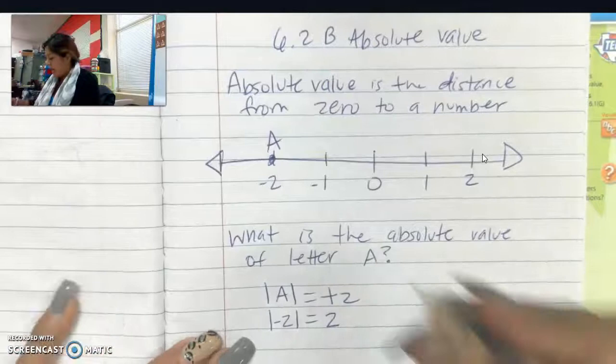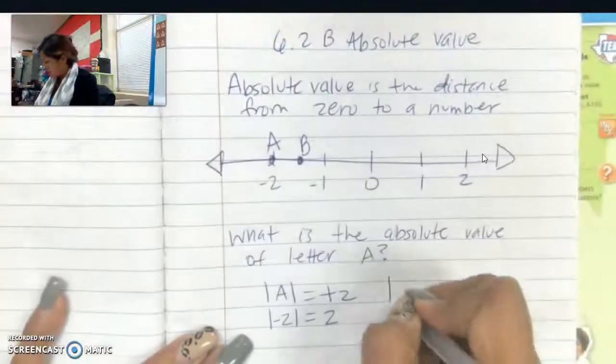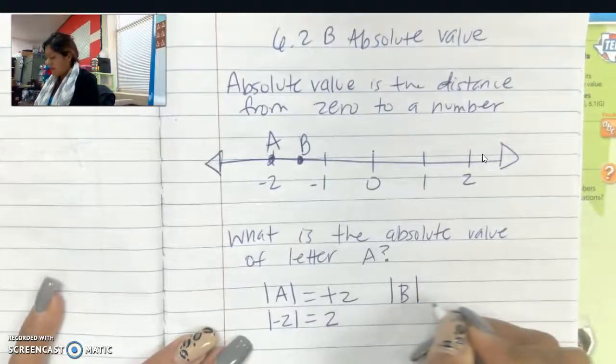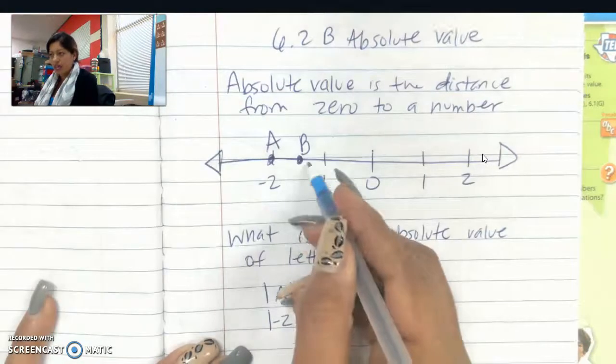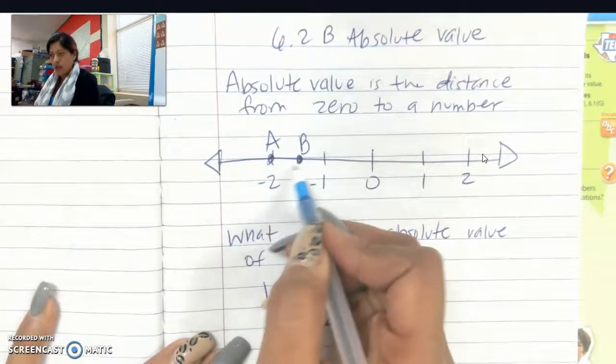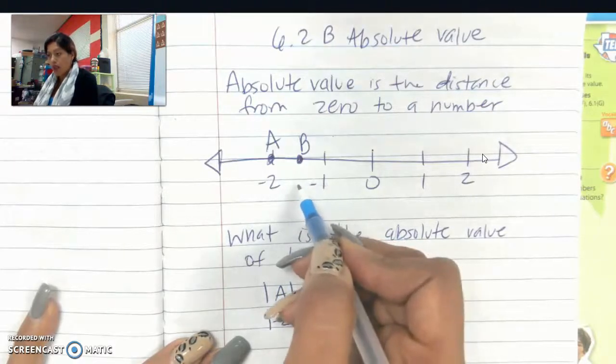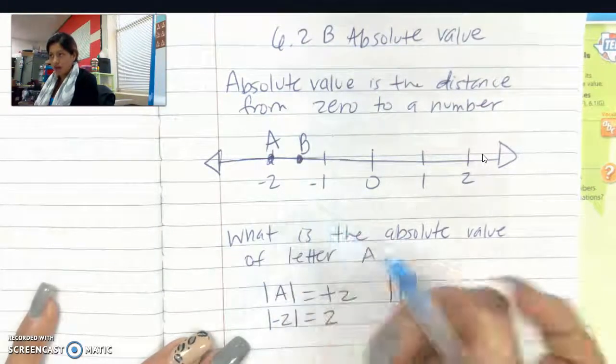Now, what about right here? If I asked you for the absolute value of b, well, you have to think about what is that number first. It has to be less than 2, but more than 1. And it's in the middle.